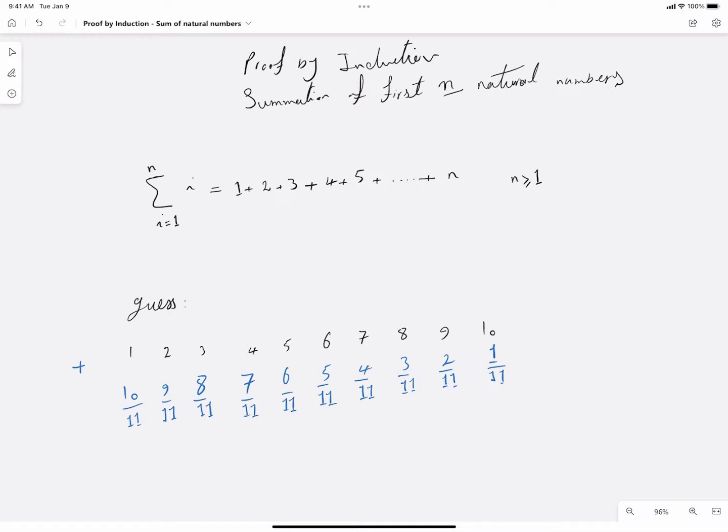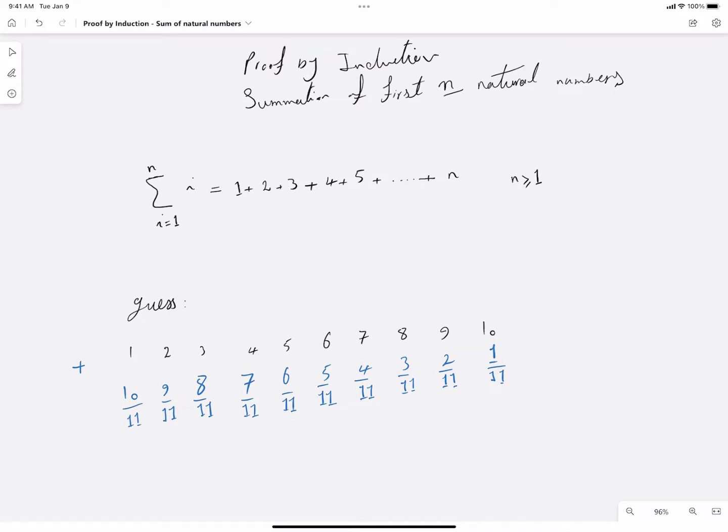In this series of videos I'm going to talk about proof by induction, and I'm going to explain the proof by induction technique with the very good example of the summation of the first n natural numbers.